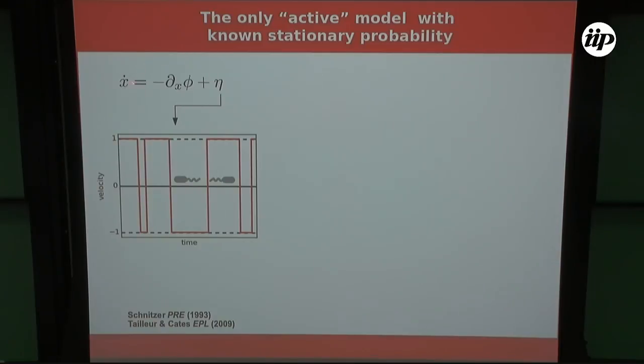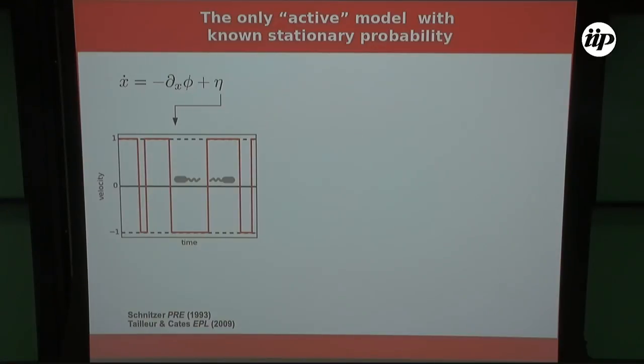These models are built in such a way that we are overdamped, we have very low Reynolds numbers, so our equations of motion do not ever have inertia. So we just have that the velocity is equal to some force, that could be some external field, and some noisy term that represents the swimming, the propulsion of the particle.